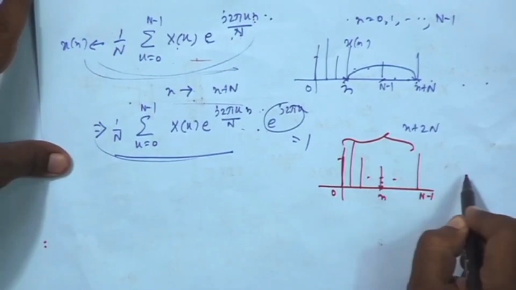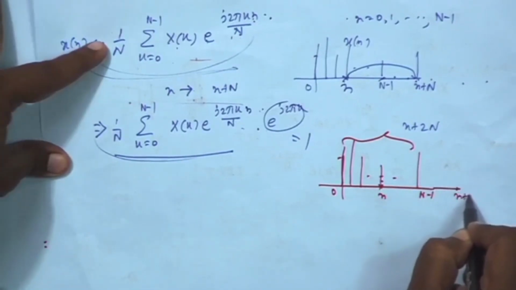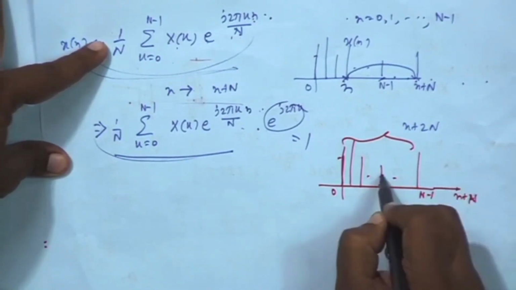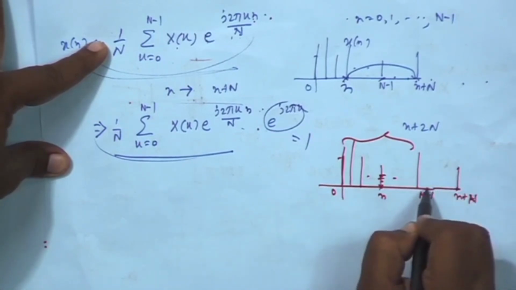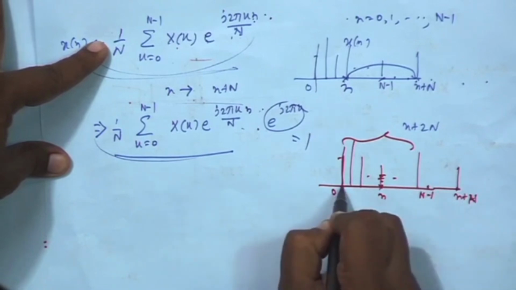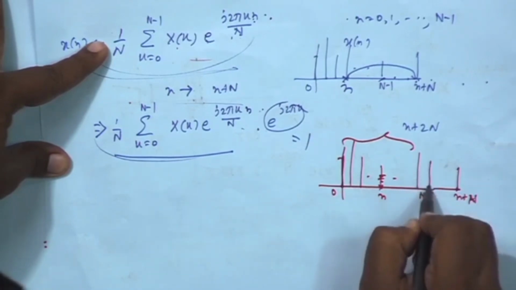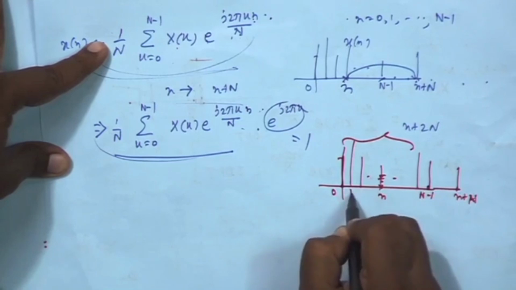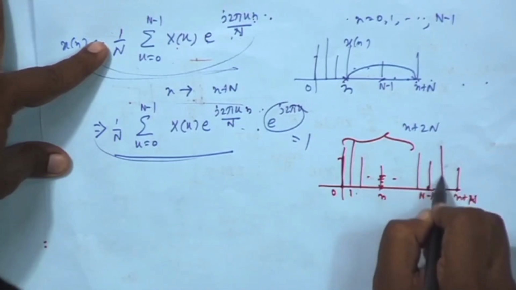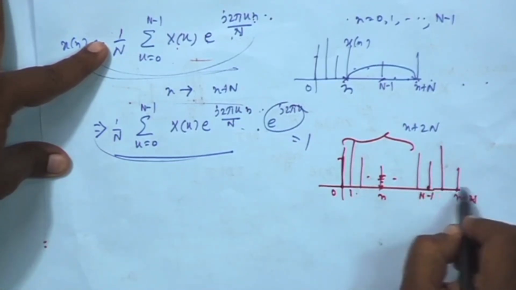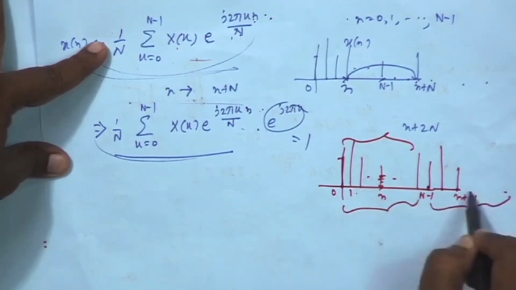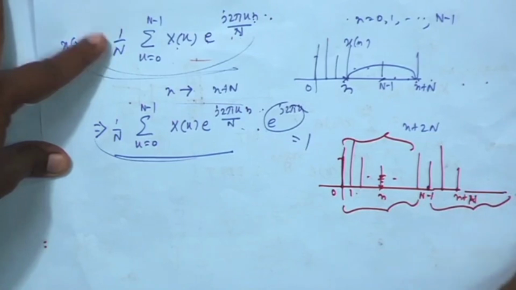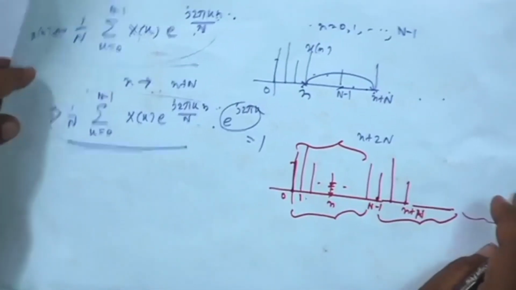The nth point will come back here at n plus capital N, the same value will come. Similarly, at the capital Nth point, whatever be the value at 0, that will come here, because 0 plus capital N. At 1, whatever is the value, that will come here, and like that. So whatever we have, that same thing will repeat, and it will go on repeating. So it will be a periodic sequence.